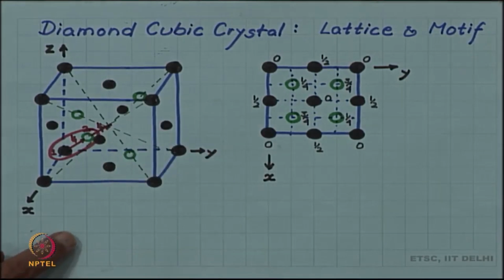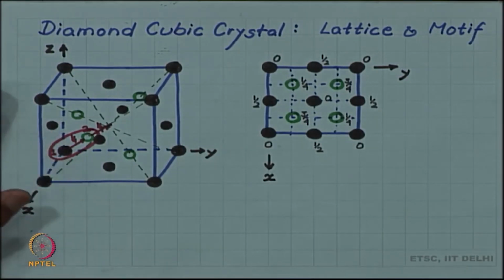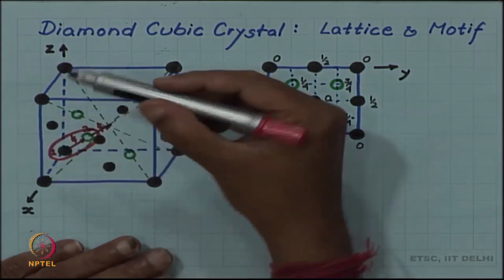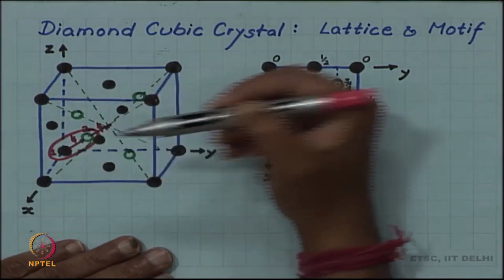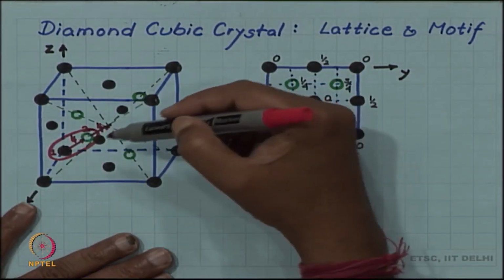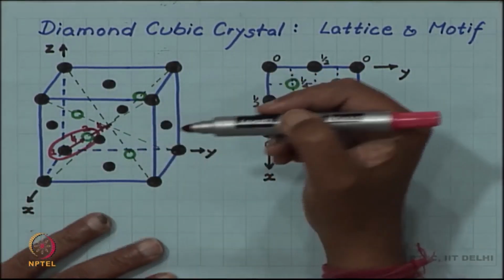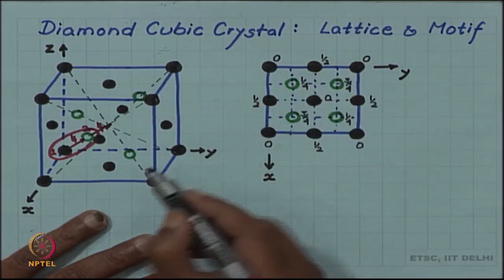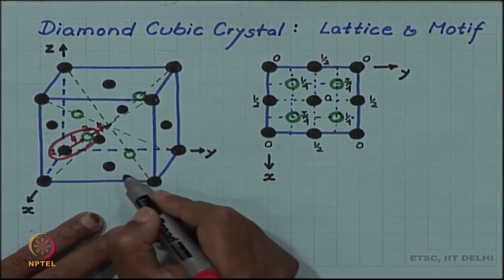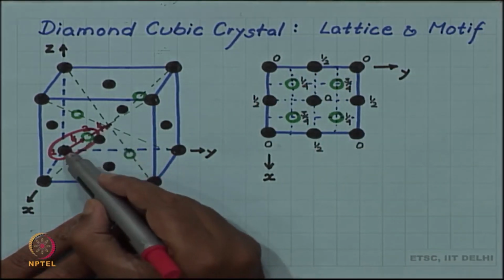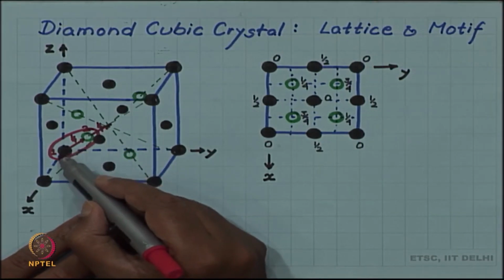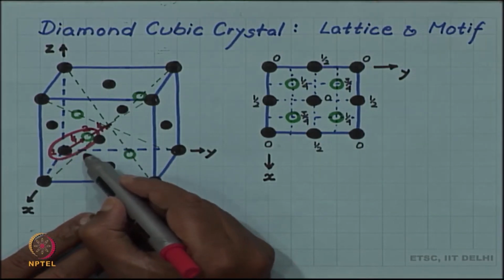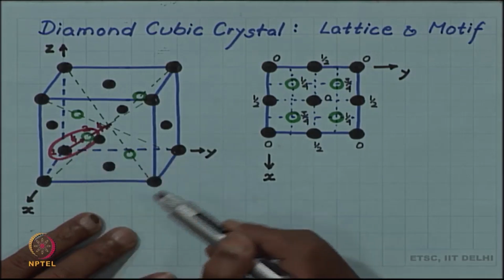So, let us consider this as our possible motif. Since each lattice point is equivalent, each motif also has to be equivalent, and if we have given a motif atom to this lattice point, a similar motif atom should be there for all the lattice points. So, let us consider this face center one. From here we went 1/4 along x, 1/4 along y and 1/4 along z to find the motif atom.